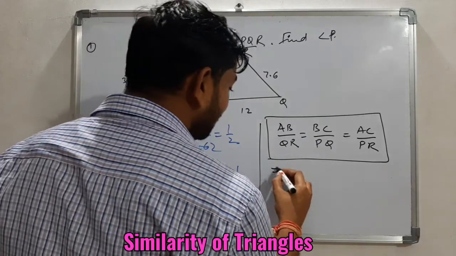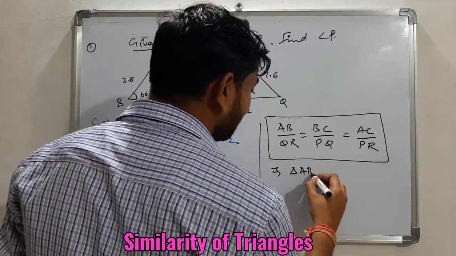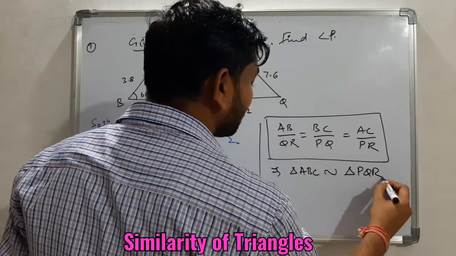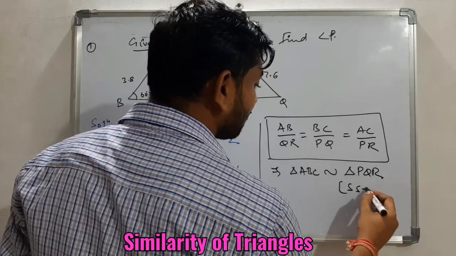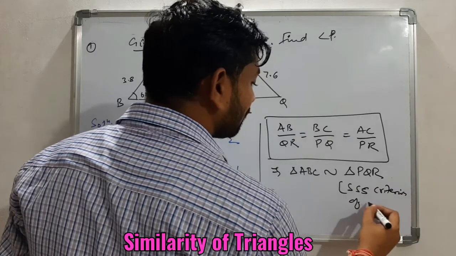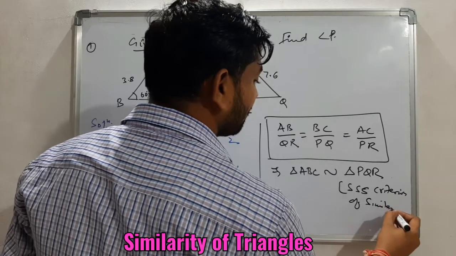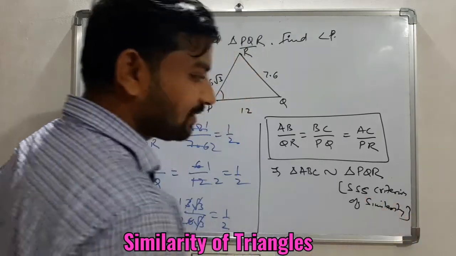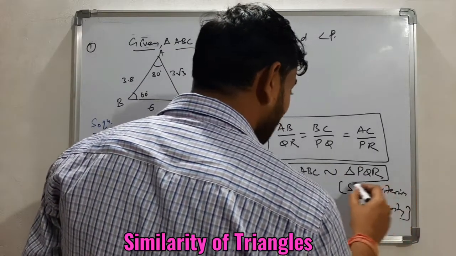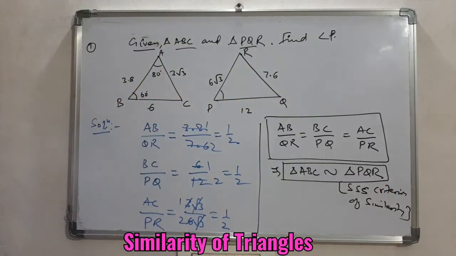So we can write triangle ABC is similar to triangle PQR by SSS criteria of similarity.